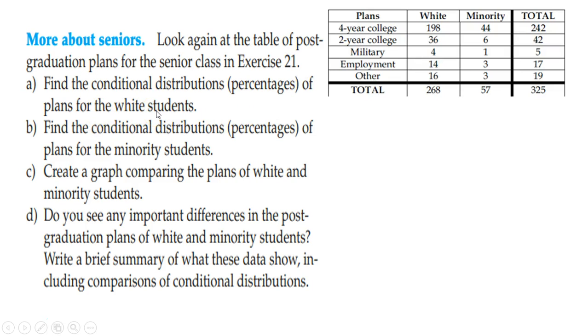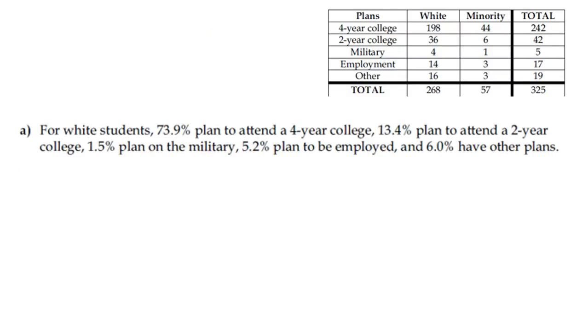So for white students, 73.9% plan to attend a 4-year college, 13.4% plan to attend a 2-year, 1.5% plan on going to the military, 5.2% will be unemployed, and 6% are other when it's all said and done.